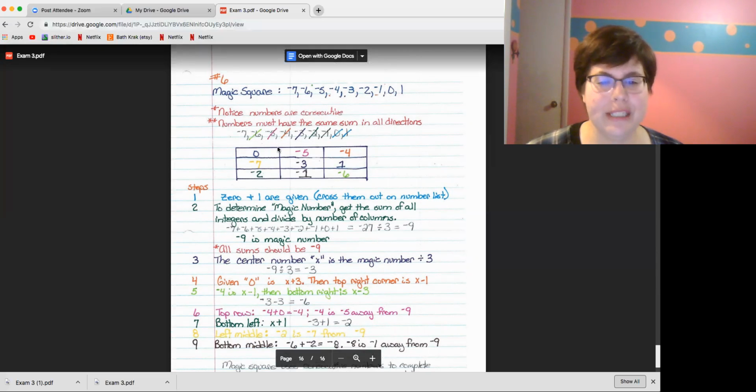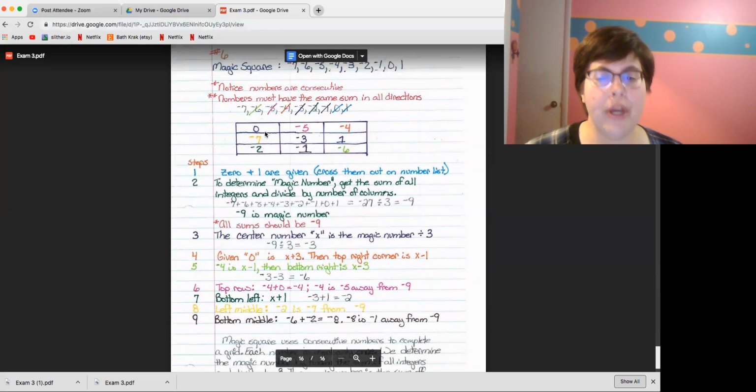But it's fun. So we're given 0 and 1 on our table. So we can cross them out. I went ahead and rewrote a number list so that I can draw all over it. So I crossed 0 and 1 out. Step 2, to determine our magic number, we have to get the sum of all the integers and divide it by 3.